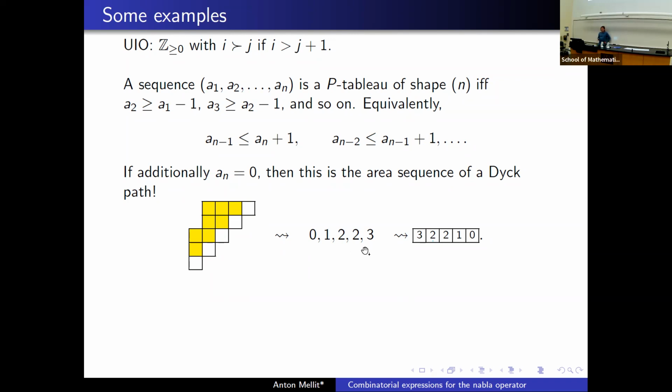And of course, you get a Dyck path if and only if the next number is at most 1 plus the previous number. That's exactly our inequalities, except that you have to put the numbers backwards. So Dyck paths are in bijection with p-tableaux for this particular unit interval order, satisfying the additional condition that the last entry must be 0.